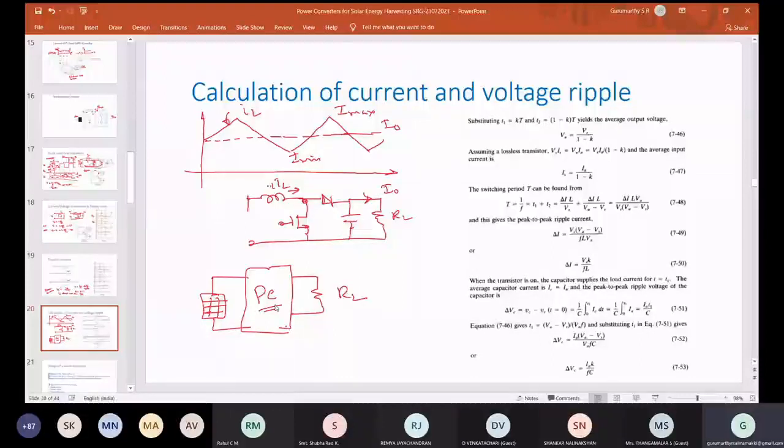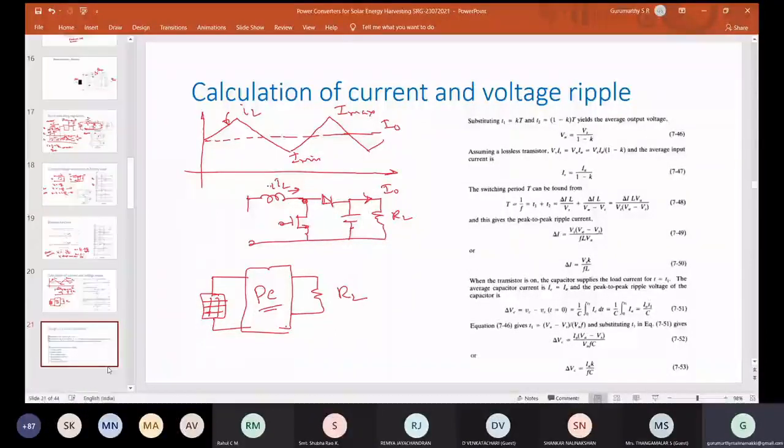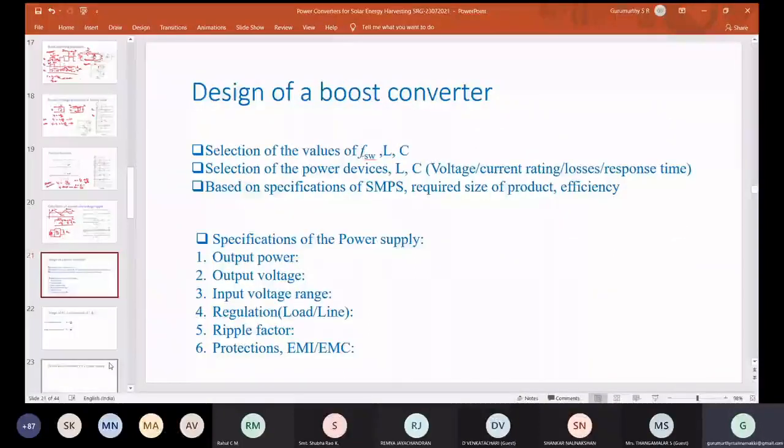Fine. So now let us say we have to design a power converter. That is what we are looking for. So what is meant by design of a converter? You have to build a converter which has only 2-3 components.